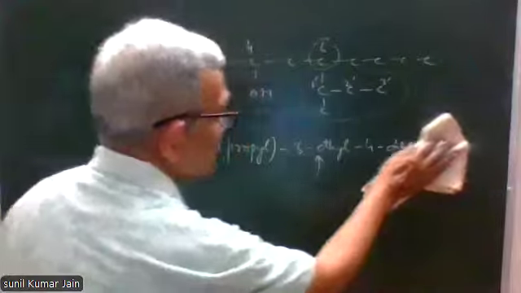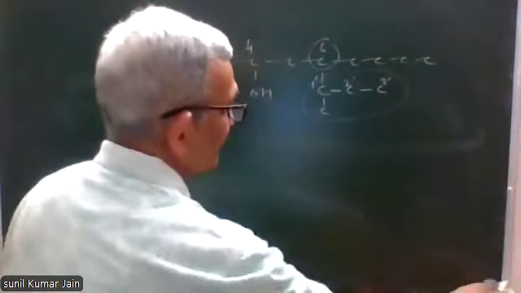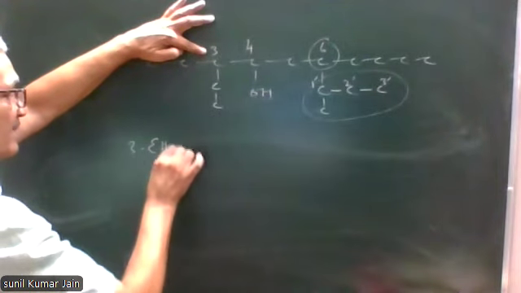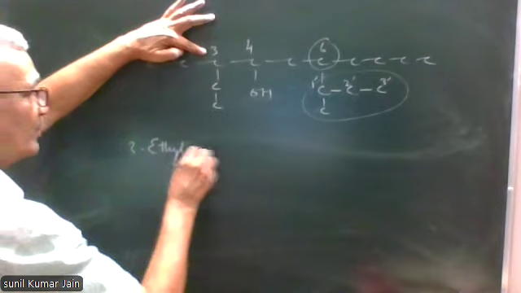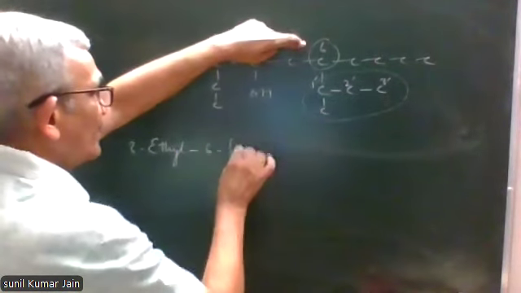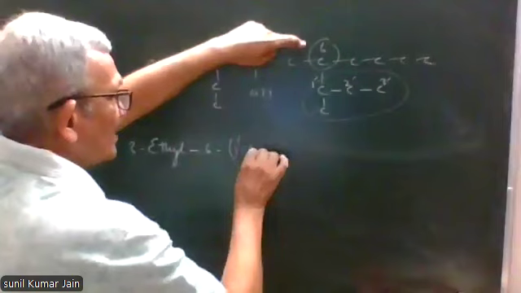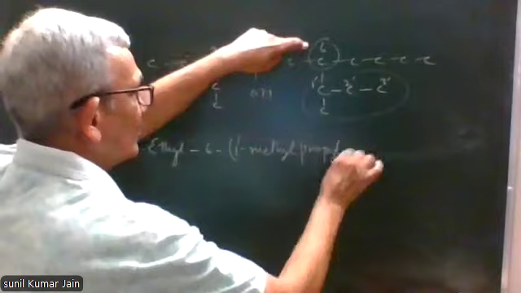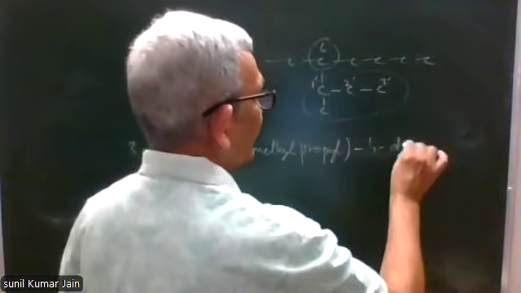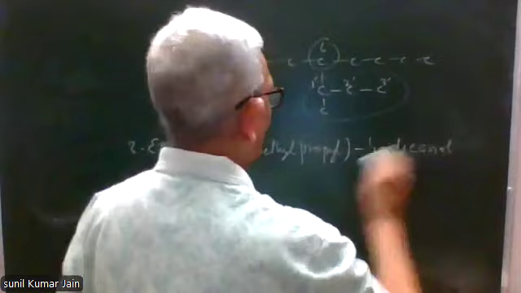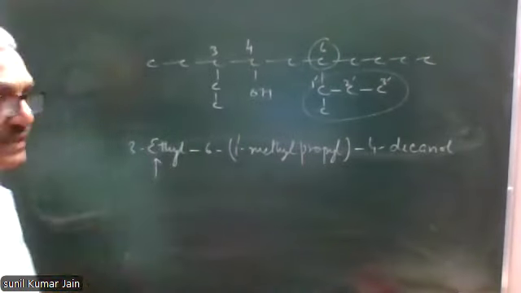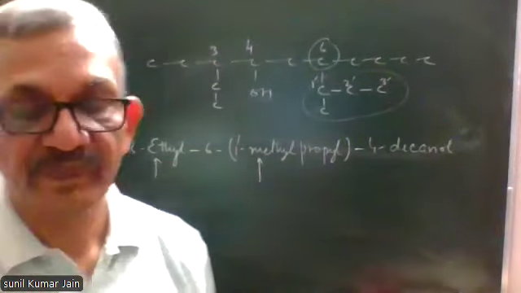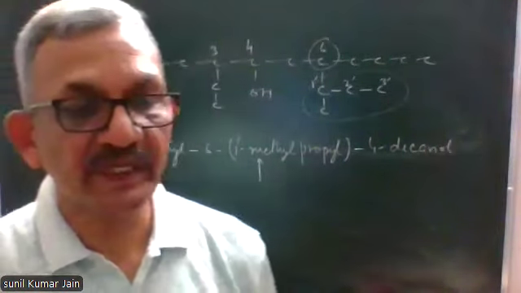So IUPAC name in that case will be 3-ethyl, 6, 1-methyl propyl, 4 decanol. Now you can see E comes first and M comes later, right? So this you have to keep in mind.